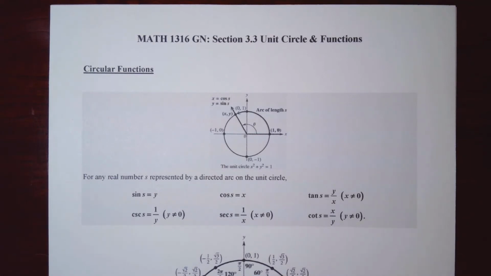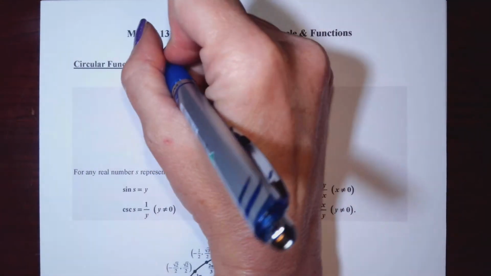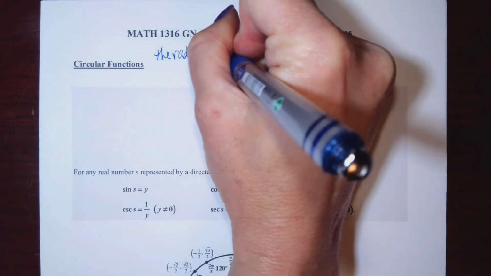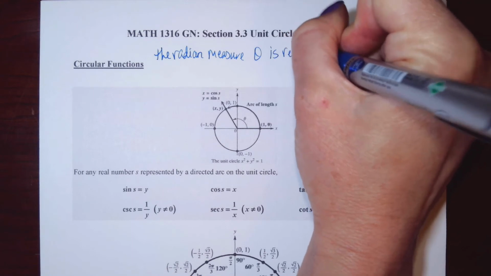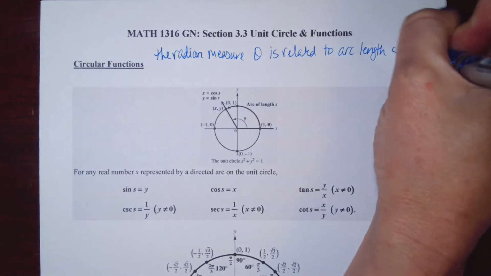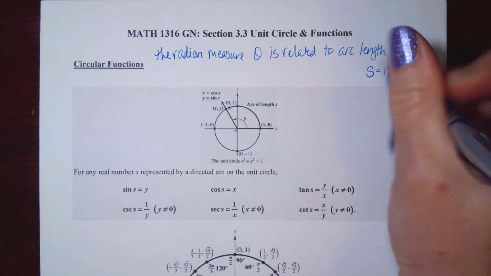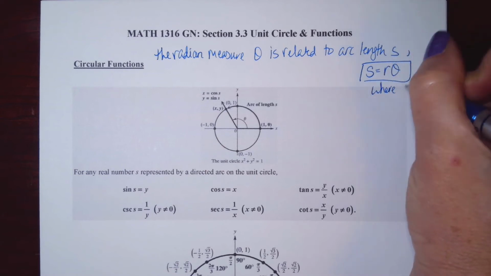Okay, so we have discussed the fact that we know the radian measure theta is related to the arc length S, so that S is equal to r theta, where theta is in radians.